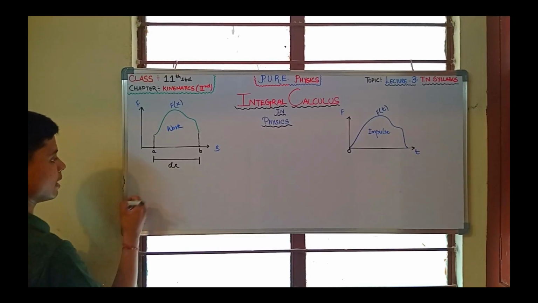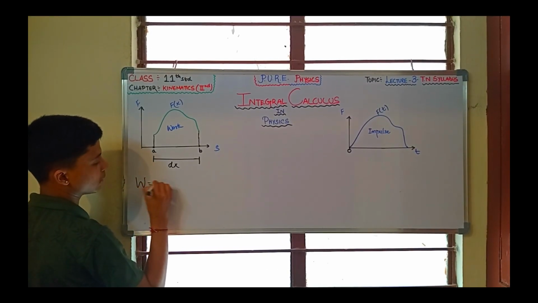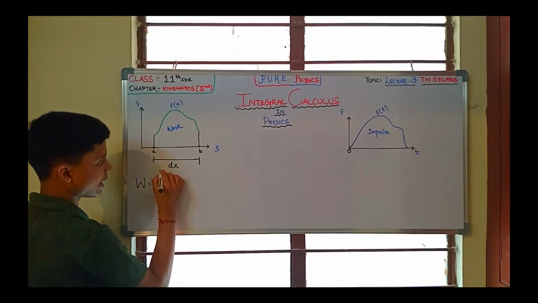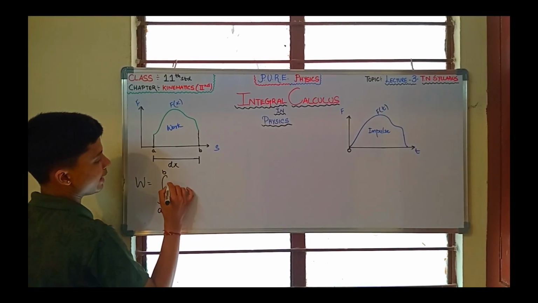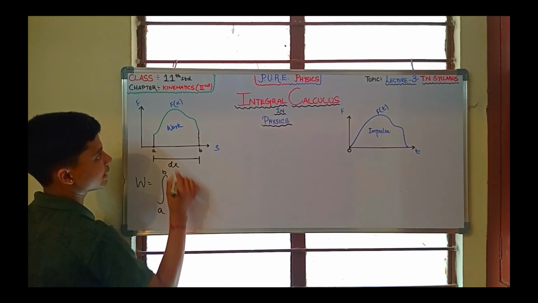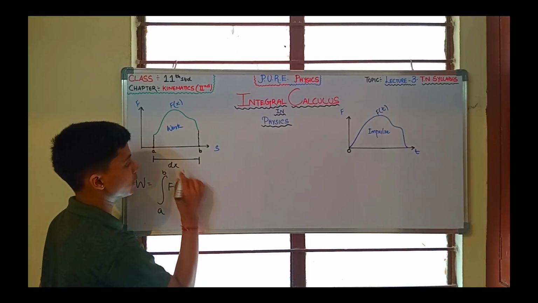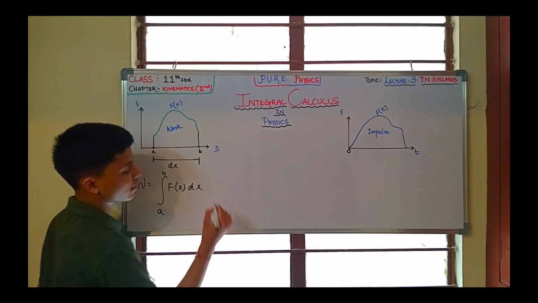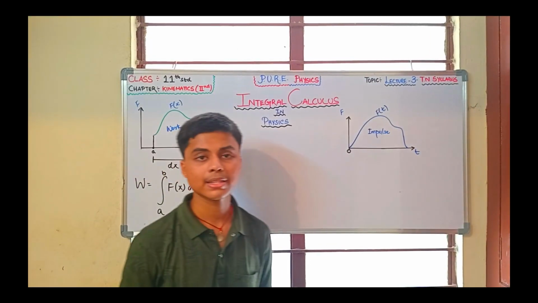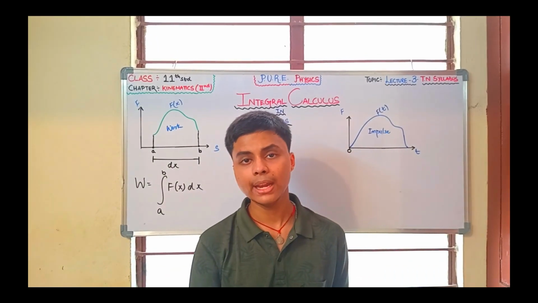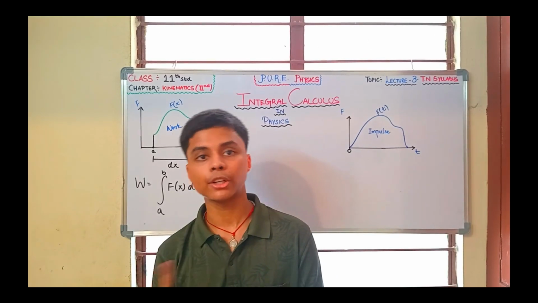So this will be expressed as W is equal to the integral from A to B, that is, lower limit A and upper limit B, of f of x dx. The function of the curve is f of x, so f of x into dx, because the work done definition is: work is said to be done when a force acting on a body produces a displacement of that body.